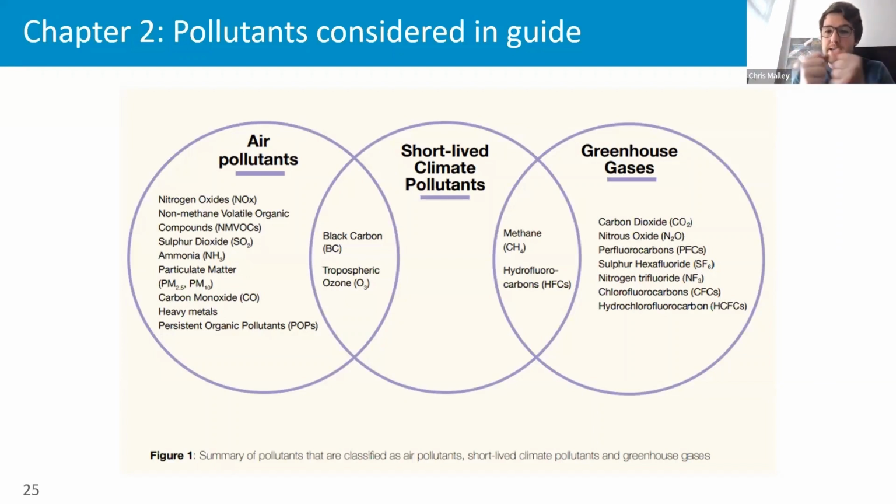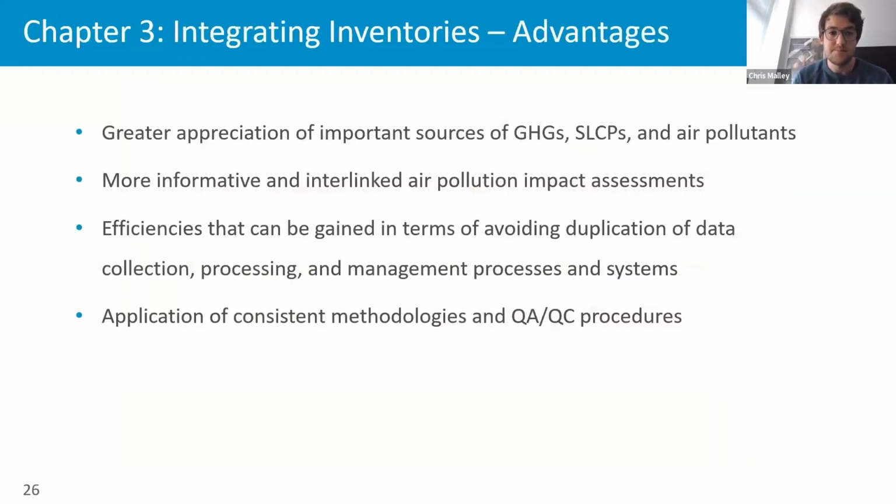So when we're talking about integrating air pollutants, short-lived climate pollutants, and greenhouse gases, it is about understanding the common sources of the list of pollutants that are on the screen here, and understanding how a particular policy or measure could lead to the reduction in the full suite of pollutants that we see here, and understanding what impact that reduction on those pollutants could have on human health.